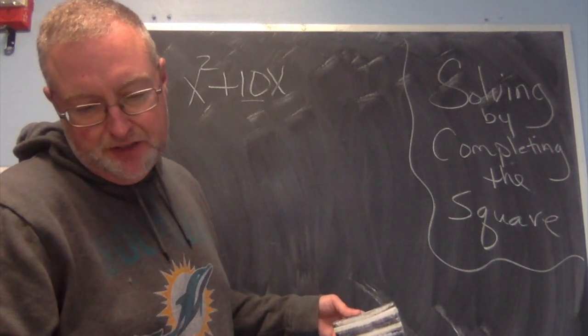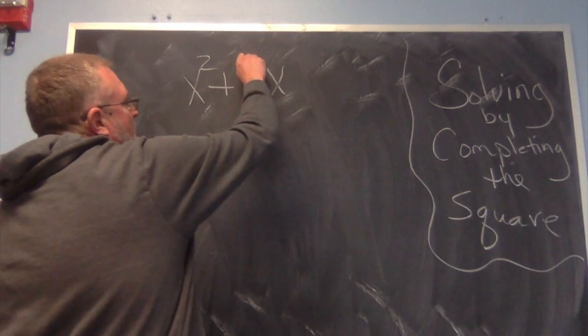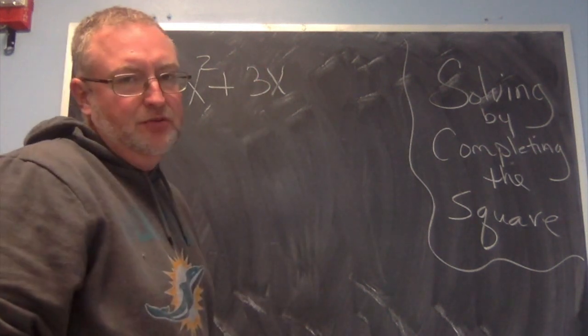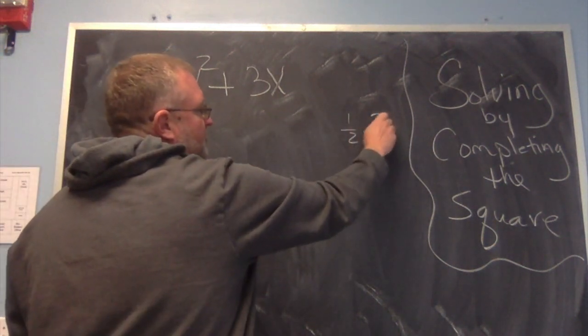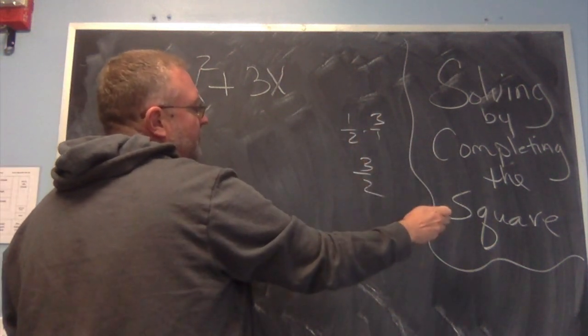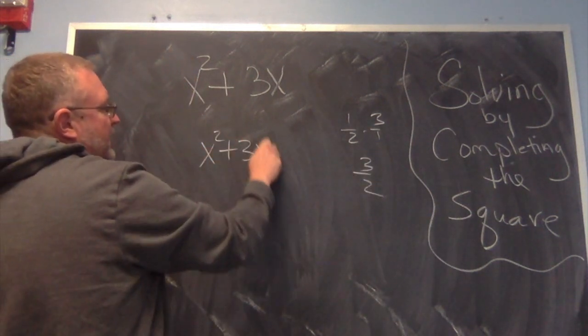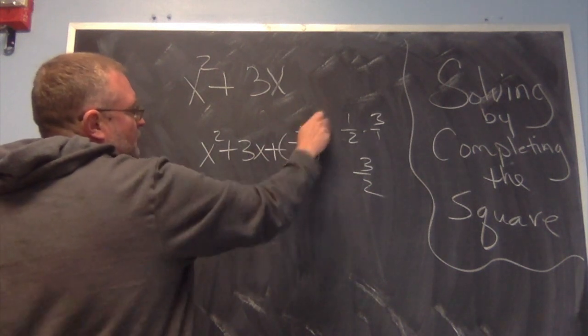Let me find one with the fraction here. If I do, let's do plus 4. That's a bad example. 3. All right. So if that's 3, remember we multiply it by a half. 1/2 times 3, which gives you 3/2, and then we squared it. So it would be x squared plus 3x plus 3/2 squared.